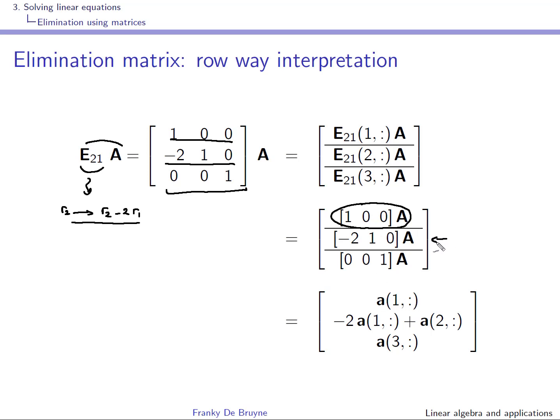The second row will be changed, and that's normal, because you want to implement this thing here. It will be minus 2 times the first row of A plus 1 times the second row of A. And of course the third row will be unchanged. So indeed what we have implemented using this elimination matrix corresponds to what we wanted to implement.